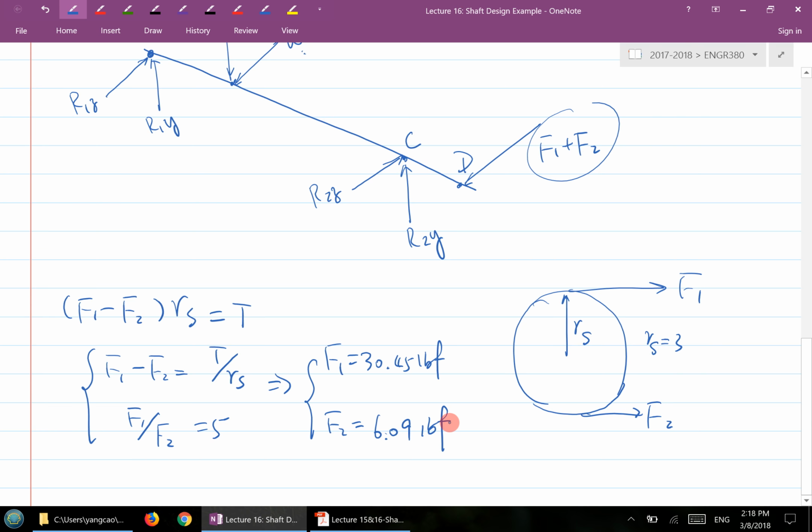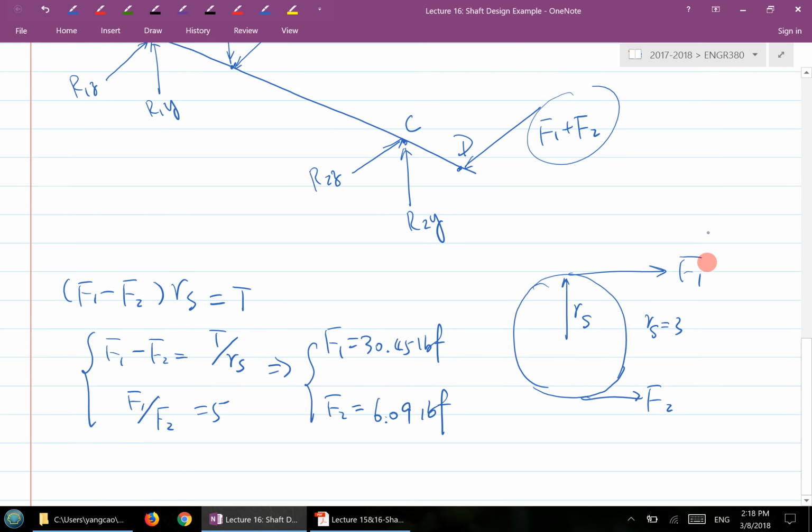Calculation at this stage is not that important. I think you need to be very comfortable with the design process here. But anyway, this is basically how to figure out F1 and F2. So we'll be able to have a force F1 plus F2 at the D location now, right?